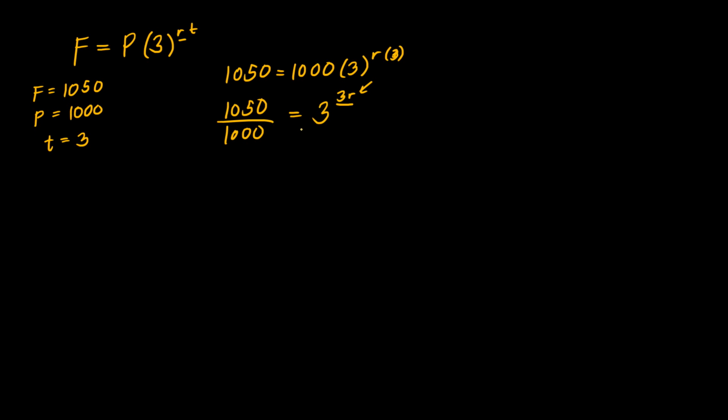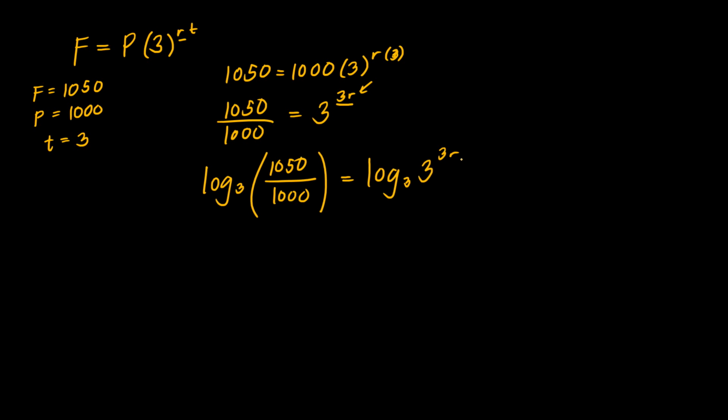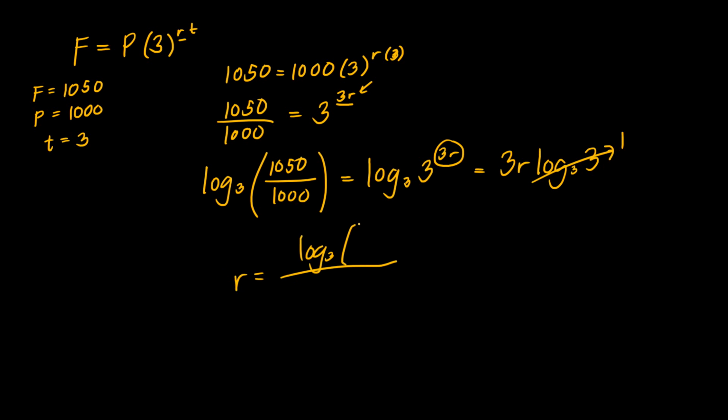Here we chose logarithm base e. For this one, we can choose logarithm base 3. Logarithm base 3 allows us to bring down the exponent as a coefficient, and then this one can be reduced to 1. So r is now equal to this, and then divided by 3.